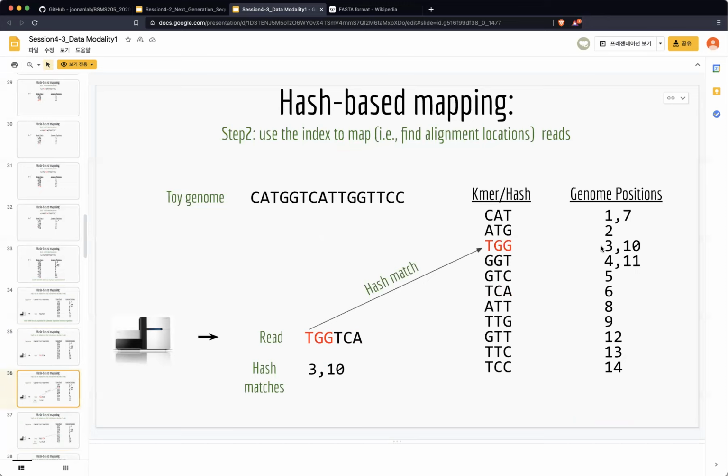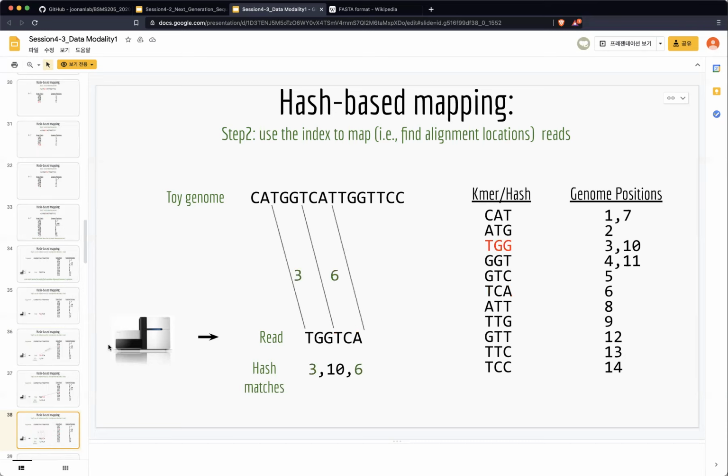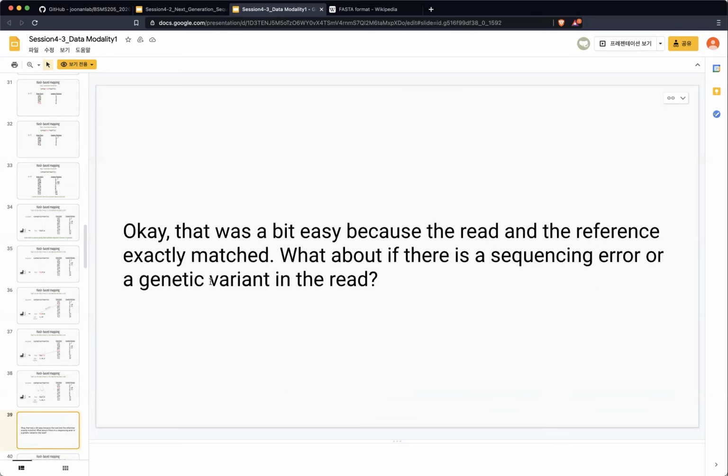Okay, TGG is the 3 and 10, and TCA is 6. So you can easily think that this TGG, TCA probably comes from 3 to 6, right? Because it's not gonna be 10 to 6, because this is not in order, right? So you can easily identify where these are from, right?